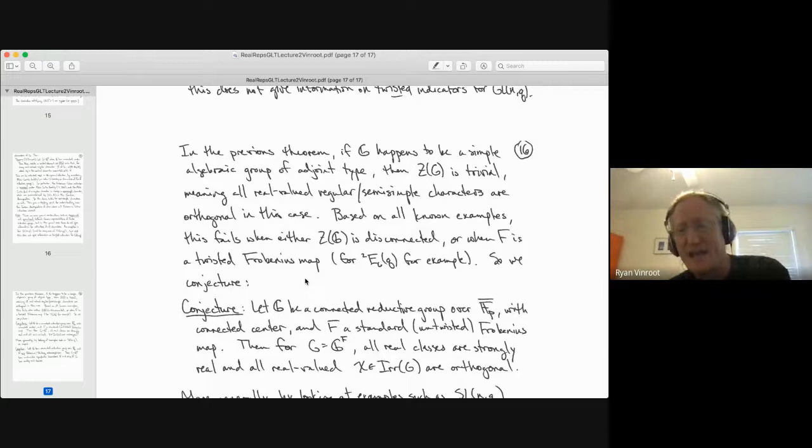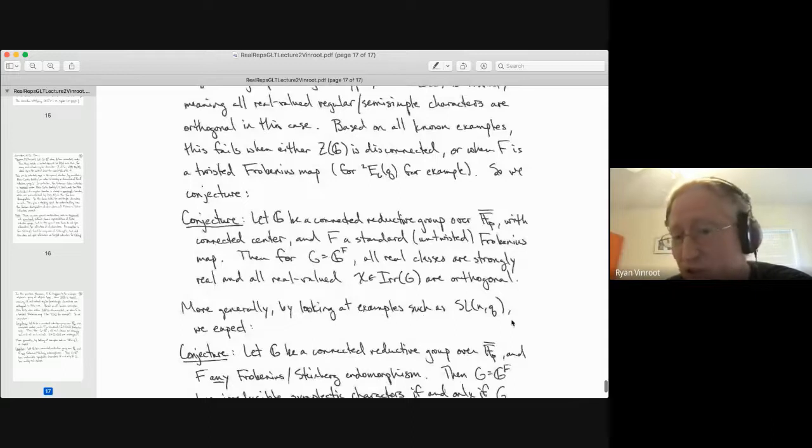If we have a connected reductive group and it has connected center, and we take a standard untwisted Frobenius map, then for the resulting finite reductive group, I believe all the real classes should be strongly real, and all of the real valued characters should be orthogonal. So these should be the two guiding conditions: a geometric condition, and a kind of number theoretic condition, that the Frobenius map is not twisted.